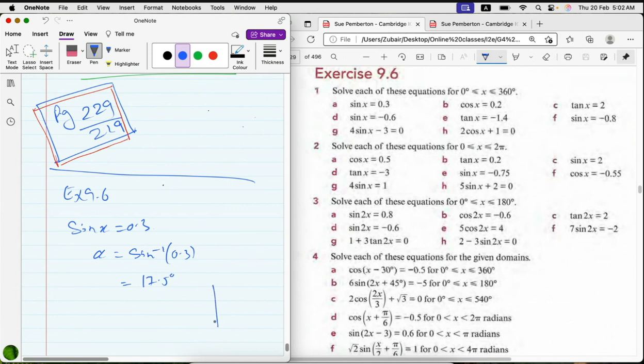When we have this basic angle, we know it was positive, and from 0 to 360, sine is positive in the first two quadrants. So my angle is 17.5 degrees, and 180 minus 17.5, the second one, comes out to be 162.5.